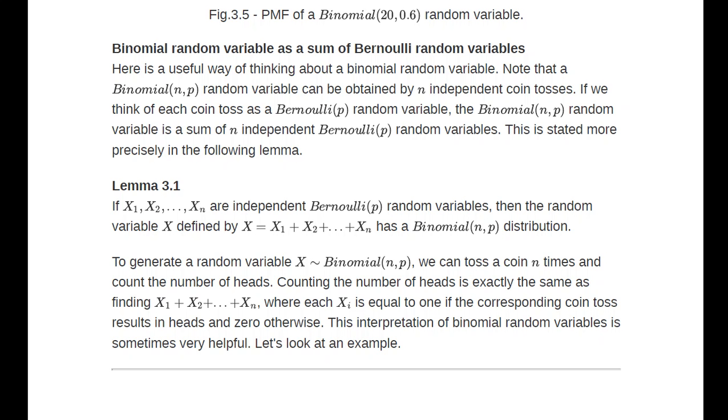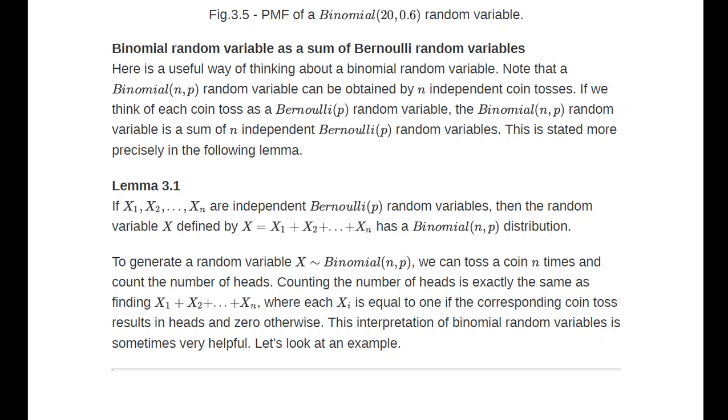To generate a random variable X distributed as Binomial(n, p), we can toss a coin n times and count the number of heads. Counting the number of heads is exactly the same as finding X1 plus X2 plus until Xn, where each Xi is equal to 1 if the corresponding coin toss results in heads and 0 otherwise.